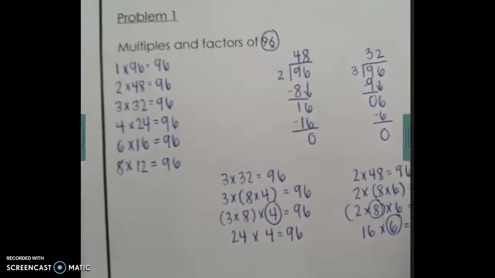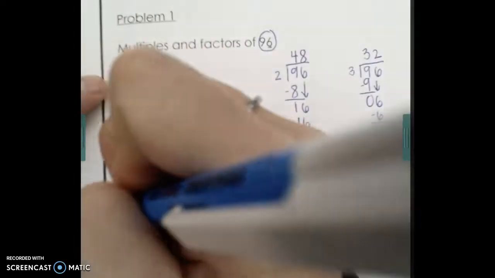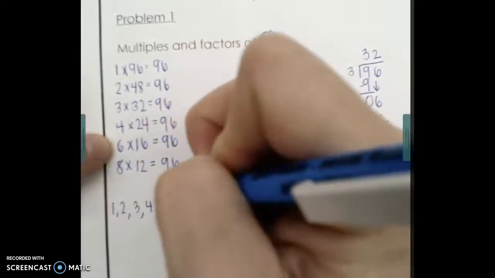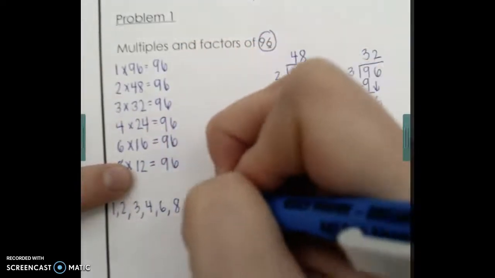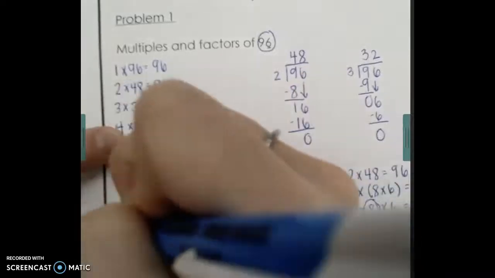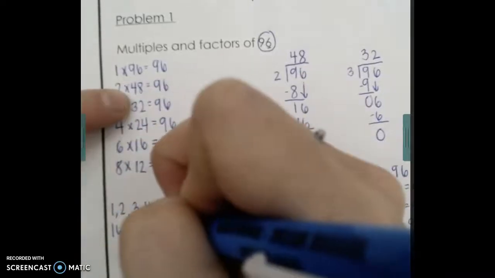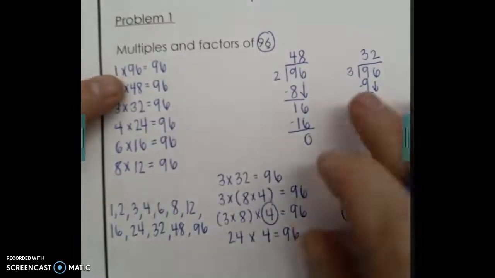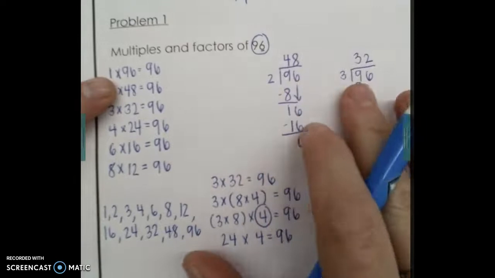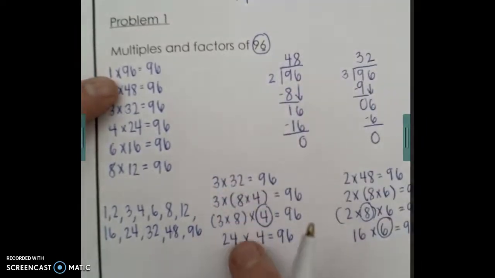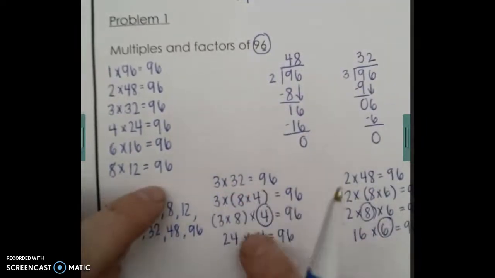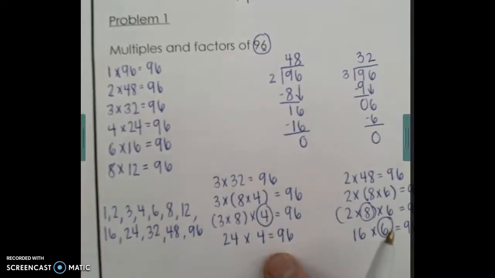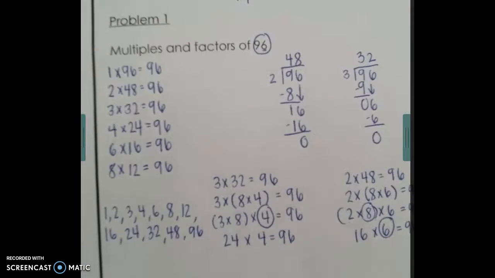So the factors of 96, which we have a lot, is going to be 1, 2, 3, 4, 6, 8, I'm going to go this way, 12, 16, 24, 32, 48, and 96. So here's 2 strategies. This one takes a while because you're going to have to divide each number. This one, if you spread them out and see factors in here, then you can kind of see all your factors listed down below. Okay?